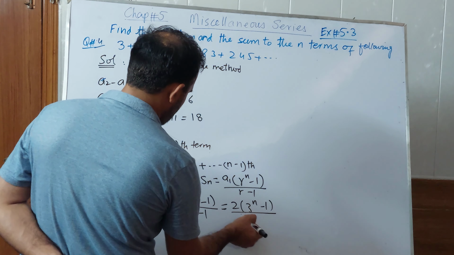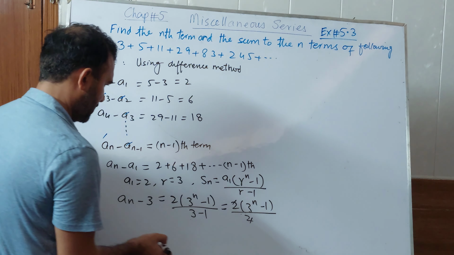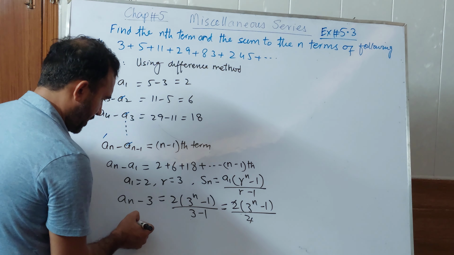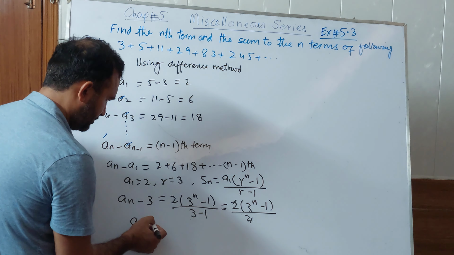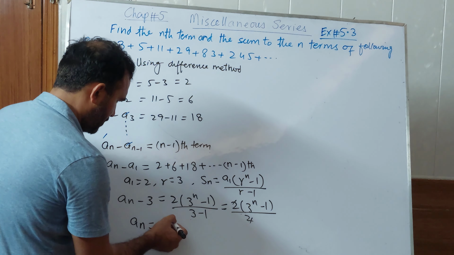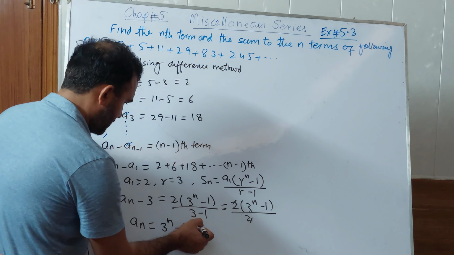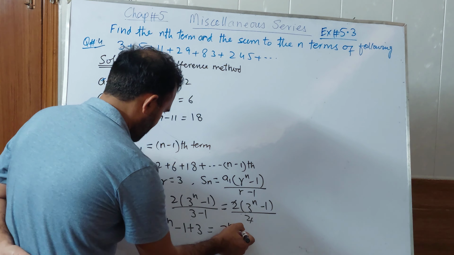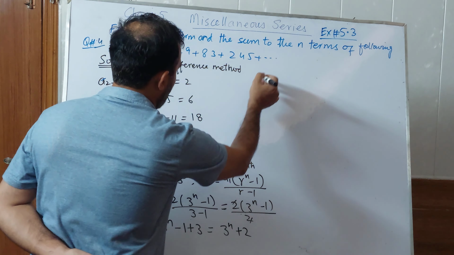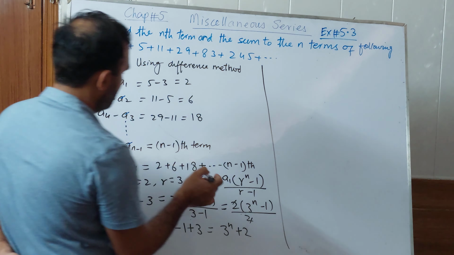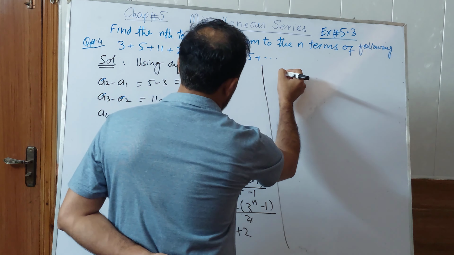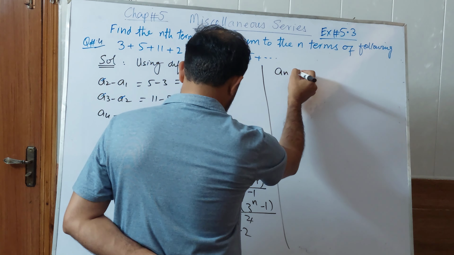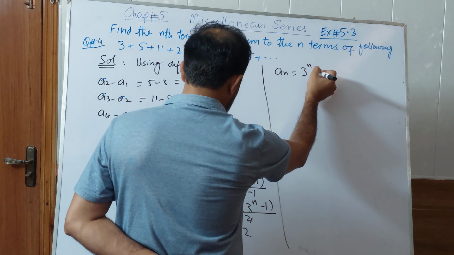This 2 can be cancelled with this one. So an will be 3 power n minus 1 plus 3, which is equal to 3 power n plus 2. Now this is the nth term.